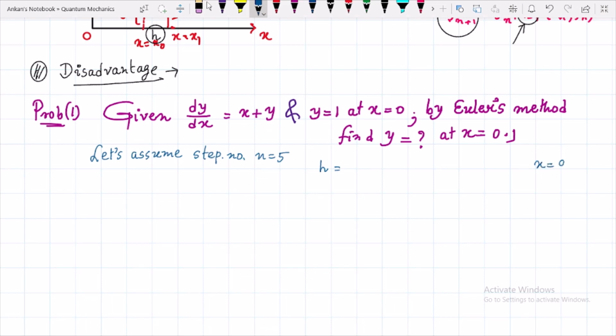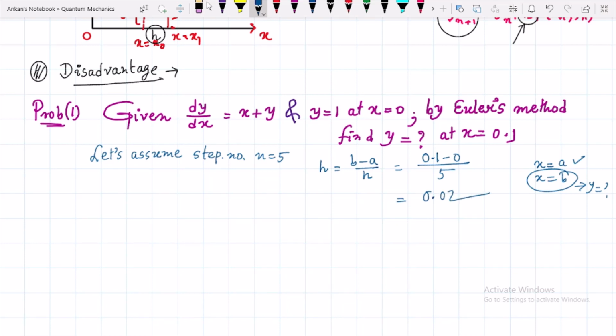If x equal to a and x equal to b are given and you have to find y, then the step size is given by (b minus a) divided by n. So here (0.1 minus 0) divided by 5, so the step size becomes 0.02.